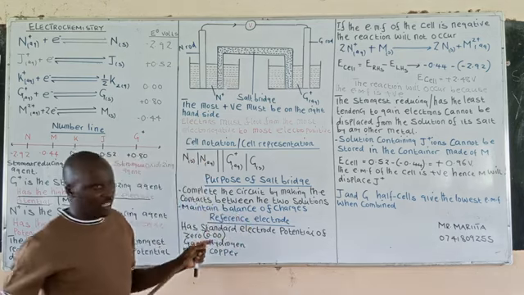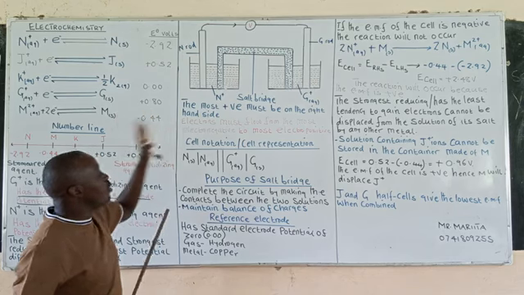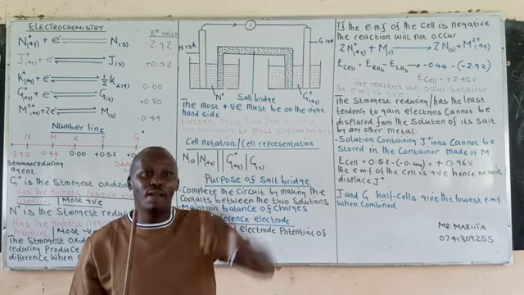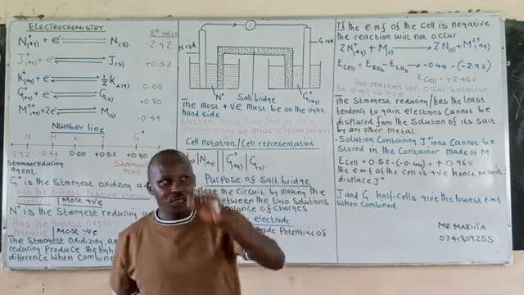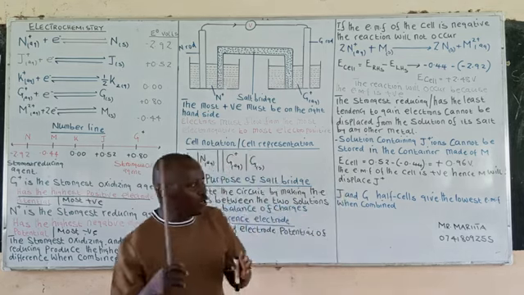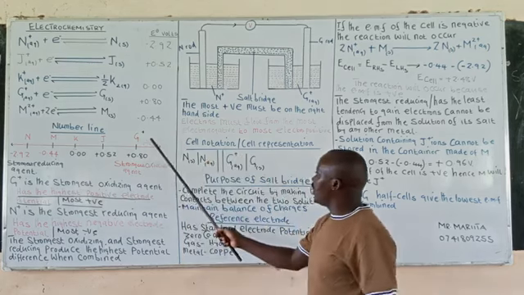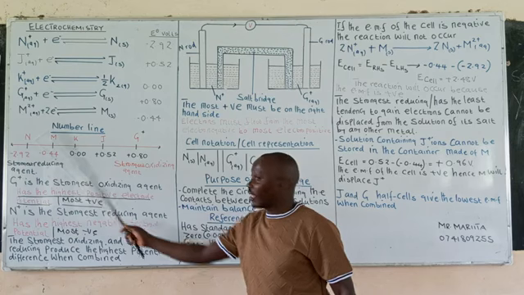So what you need to understand here first is that the most positive half cell must be placed on the right hand side. So when you are drawing, identify the two. For example, here we have element G, which is the most positive, and element N, which is the most negative.